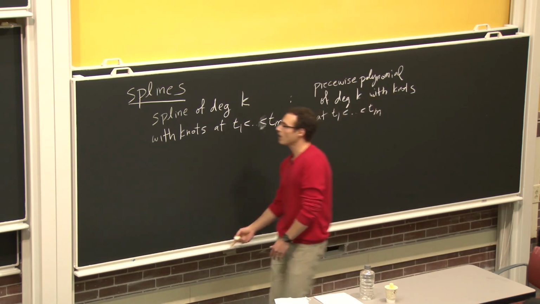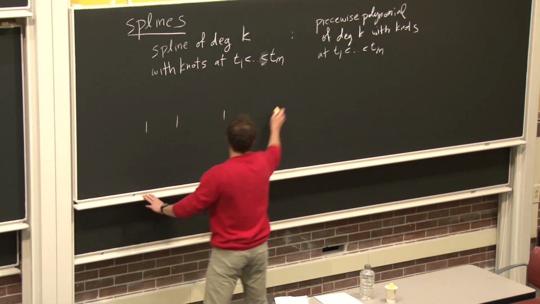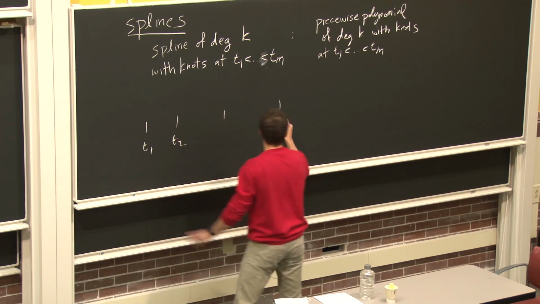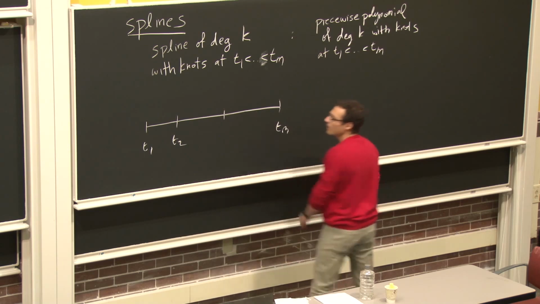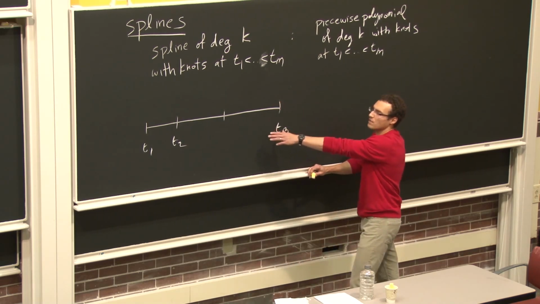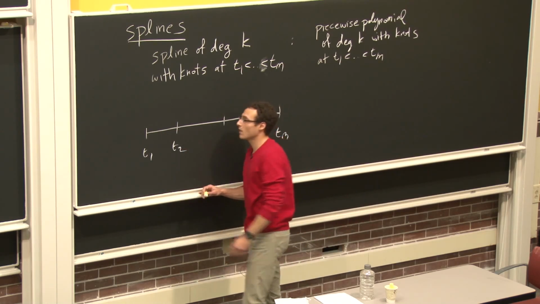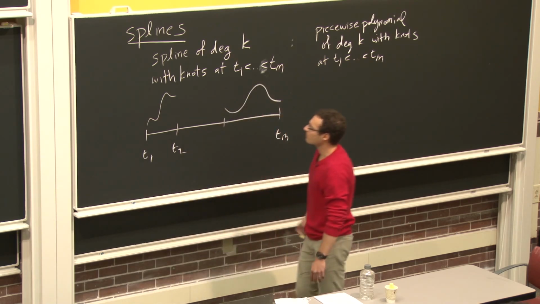Okay, so if I were to draw it, suppose I've ordered these knots, t1 through tm. Again, we're just thinking about univariate functions for now, or like I said, pretty much exclusively. A degree k spline is a polynomial in each of these intervals. It can be a separate polynomial of degree k. So it could just do something in each of these intervals.